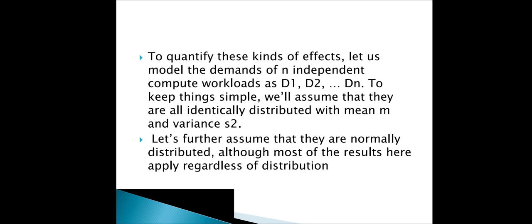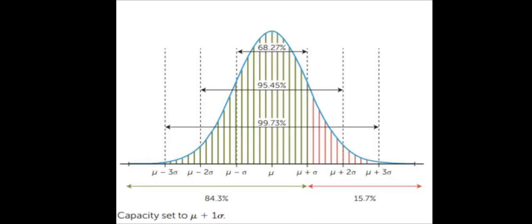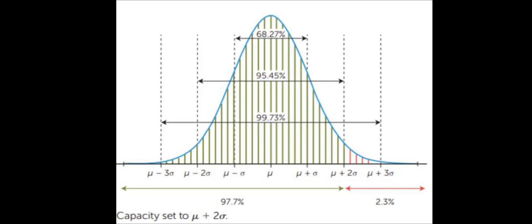Let's further assume that they are normally distributed, although most of the results here apply regardless of distribution. See here, a map has been shown for the capacity set to mu plus 1 sigma, and this is the graph shown for mu plus 2 sigma capacity.